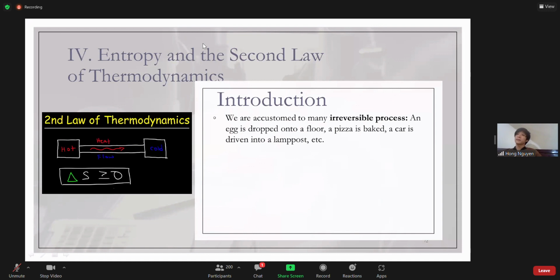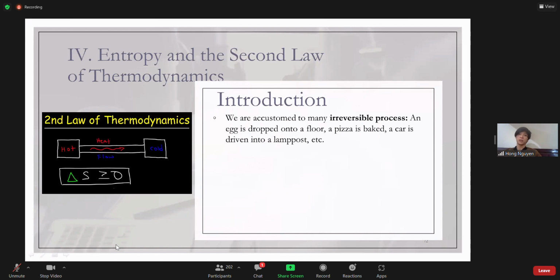And if you pay attention, the irreversible processes always have a direction, right? For example, I give you some examples here. An egg is dropped onto a floor. So this is one direction. The egg will be broken.